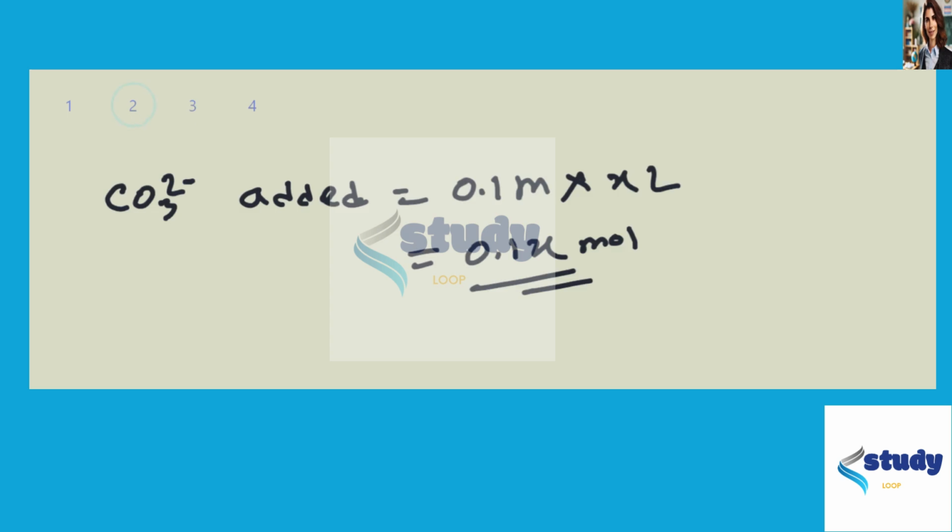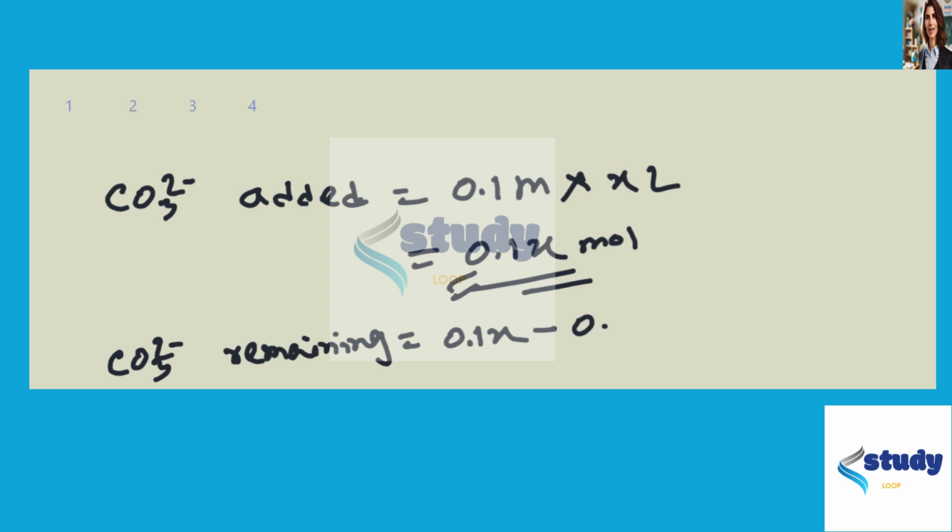So that again means CO3 2 minus remaining is the total 0.1x minus the amount we used in the precipitation. So this is the number of moles of remaining carbonate ion.